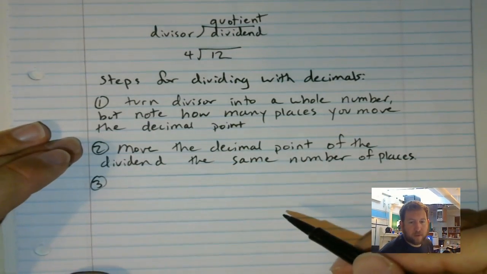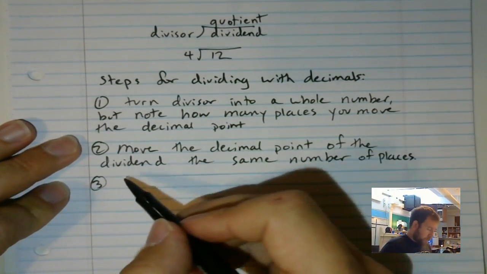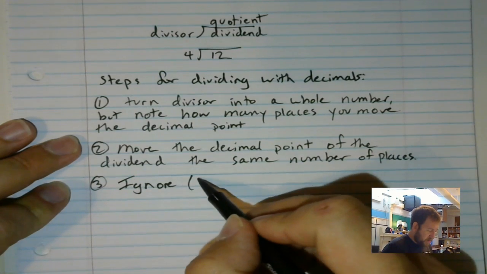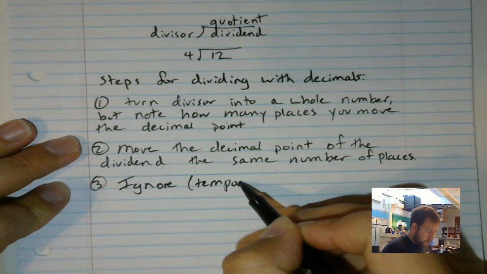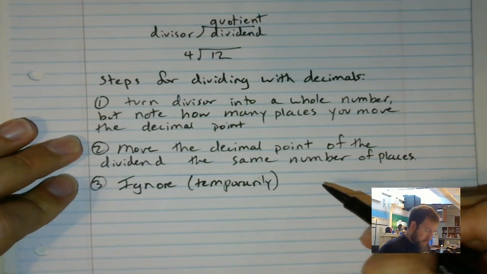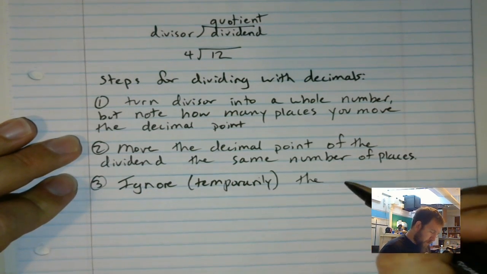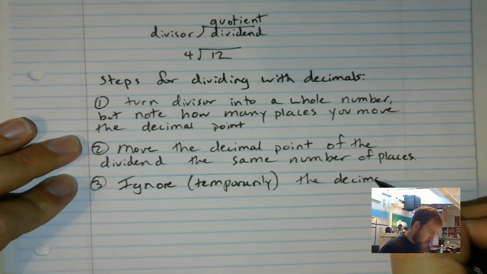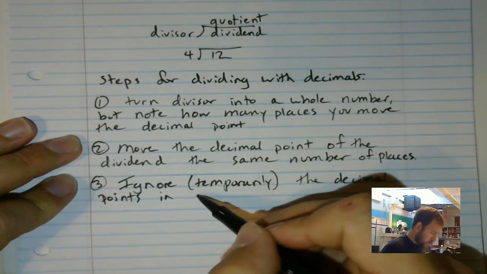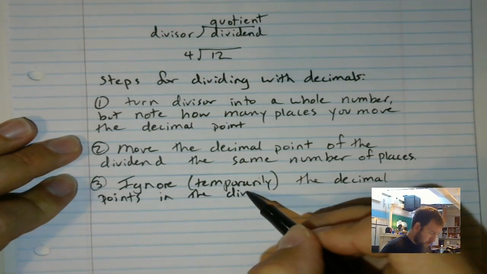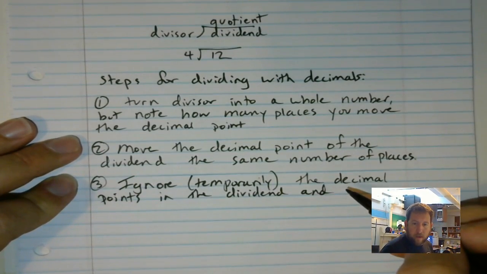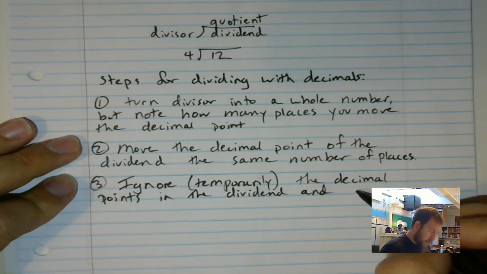We have 4 steps. Then temporarily ignore the decimal points in the dividend, and divide normally.